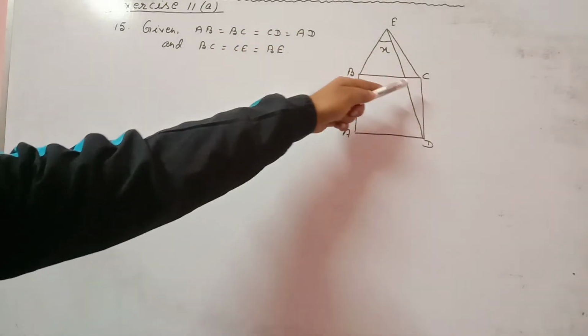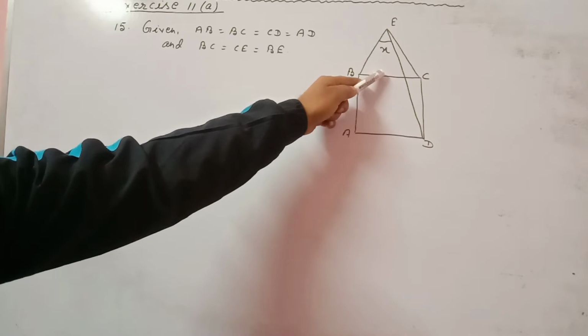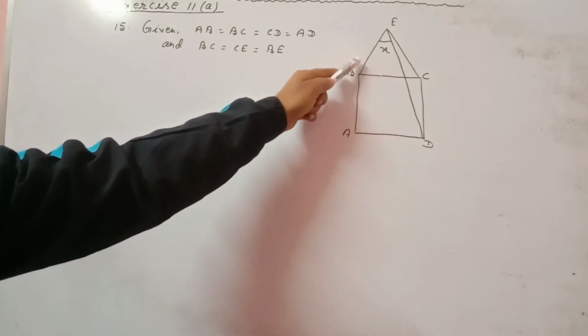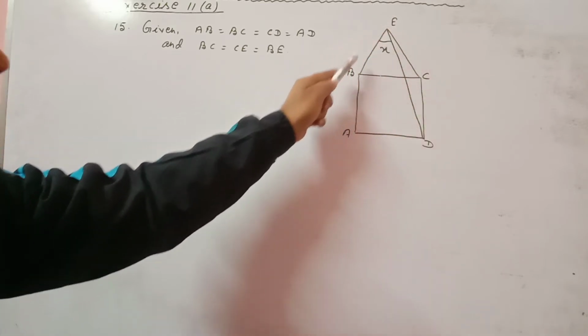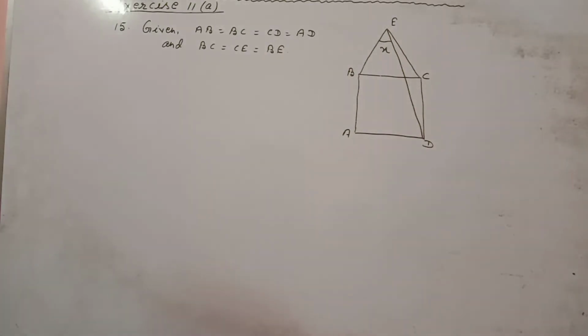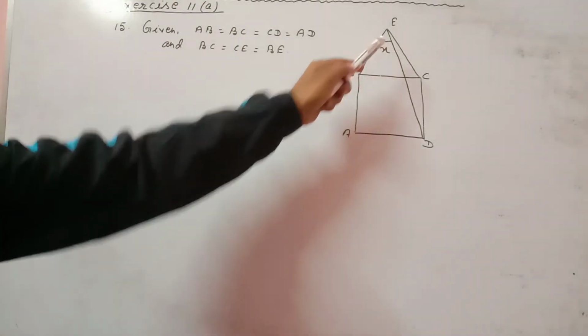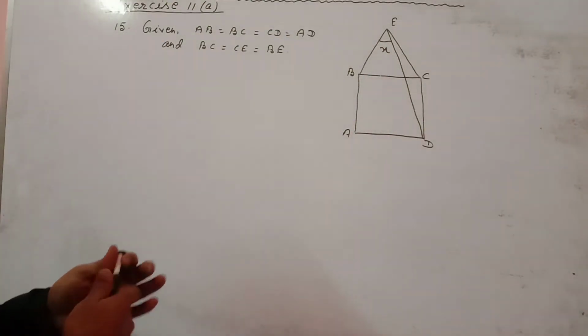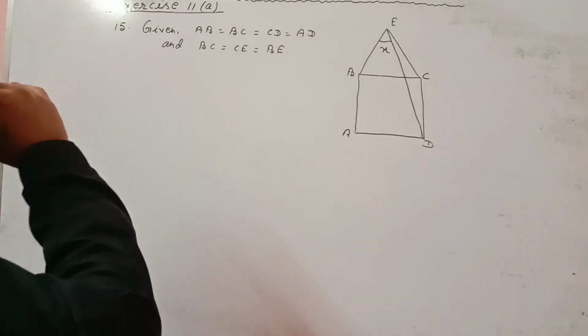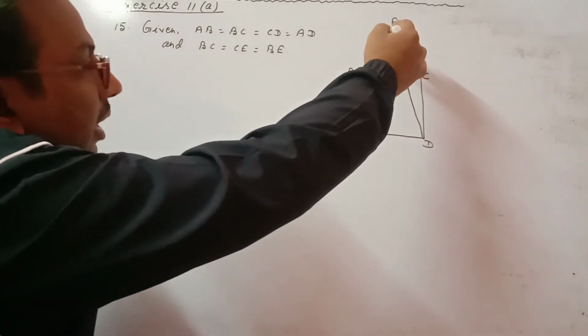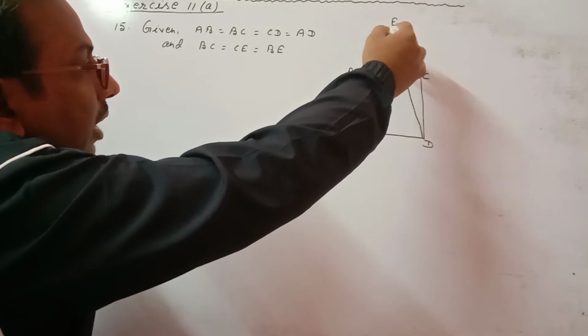Since BEC is an equilateral triangle, BC equal to CE equal to BE, these three sides are also equal. And we are asked to find the value of angle BED, that is represented by X. Now we can say that this angle is 60.